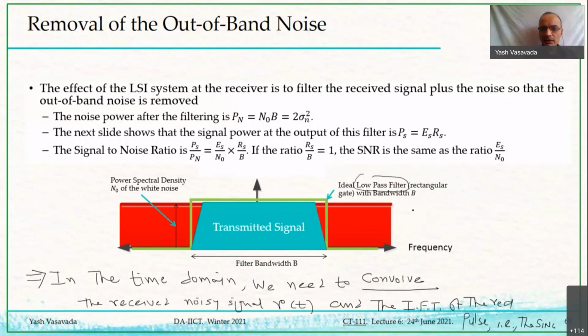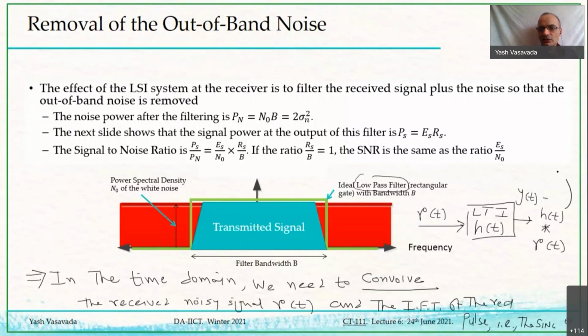And so the block diagram looks like this. I have some received noisy signal R of t. I pass it through an LSI system, or LTI system, linear time invariant system with impulse response h of t. The output I get is y of t, which is h of t convolved with R of t.